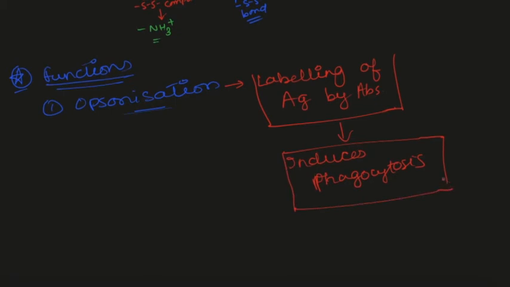Whenever a foreign body or an antigen like a bacteria, a microorganism, enters the body, it usually possesses some unique patterns on its body, cell wall, capsule or fimbriae; anything can act as the antigen.